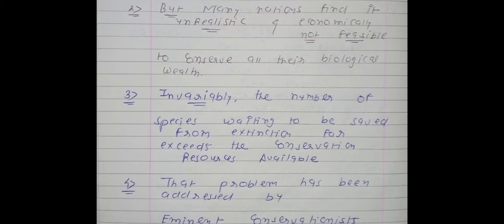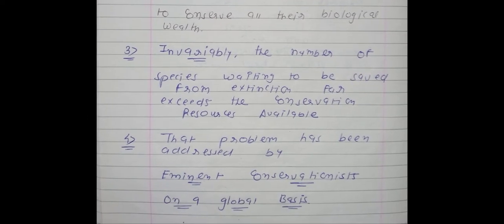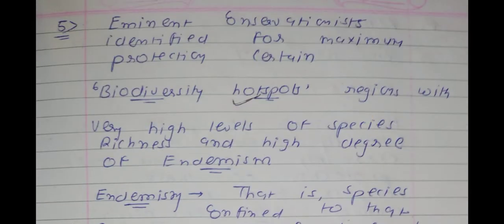Point number 3: if we use all the resources to save species from extinction, then we are not able to save them all. Point number 4: it is a worldwide, international issue. So the first page is completed. Now we are going to the second page.